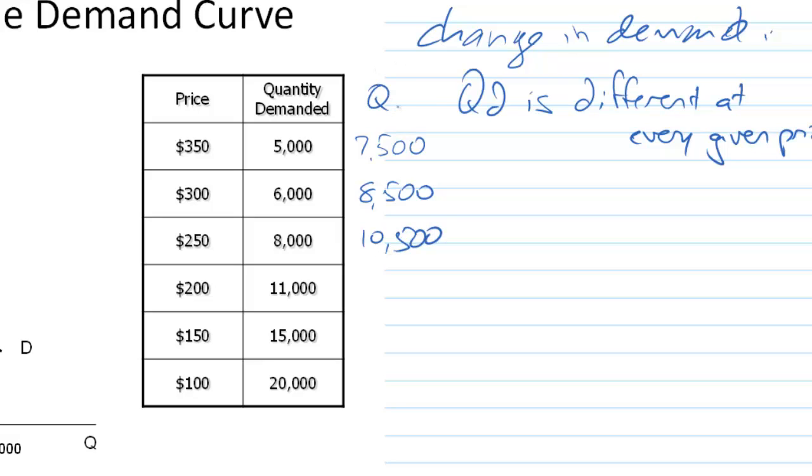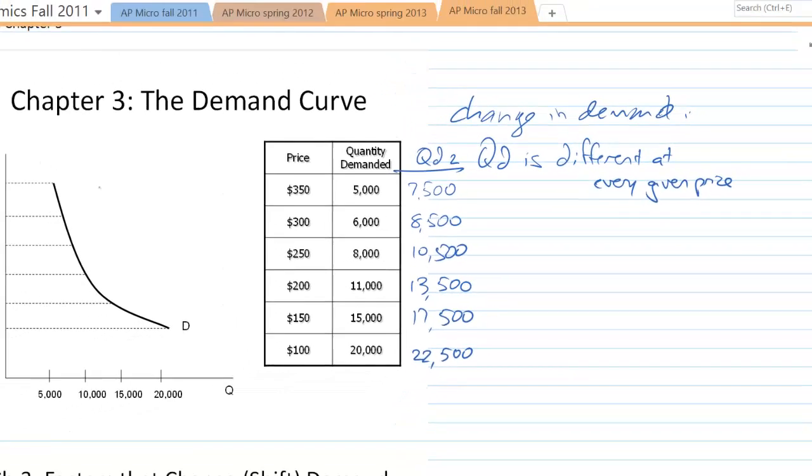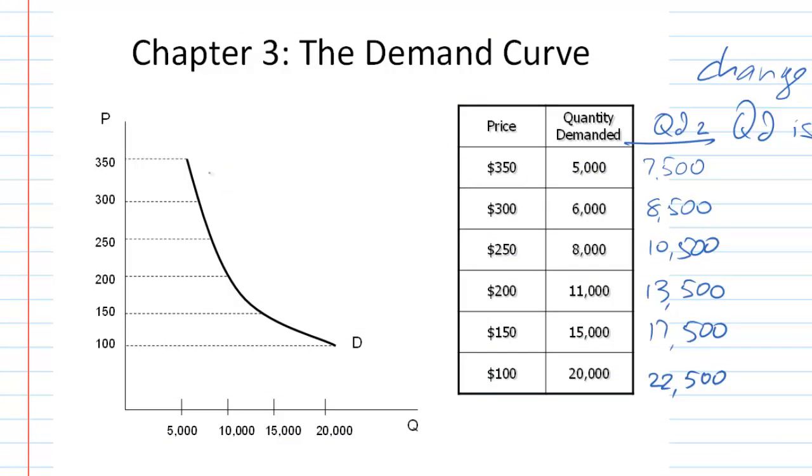So I'm going to call this quantity demanded 2. And just add 2,500 to each of these values of quantities demanded. So now what we're saying is at a price of $350, the quantity demanded is now 7,500. At a price of $300, quantity demanded is now 8,500, and so on. If we were to graph those numbers, the demand curve would simply be further to the right than it is now.